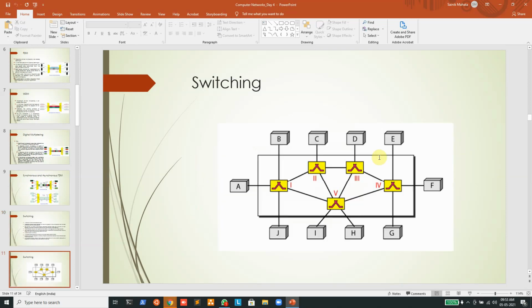If you see this diagram, these are the end devices: A to J, and all these devices are connected to each other using switches. There are 5 switches here and various end components. This is an example of a switched network that we can have for practical internetworking problems.